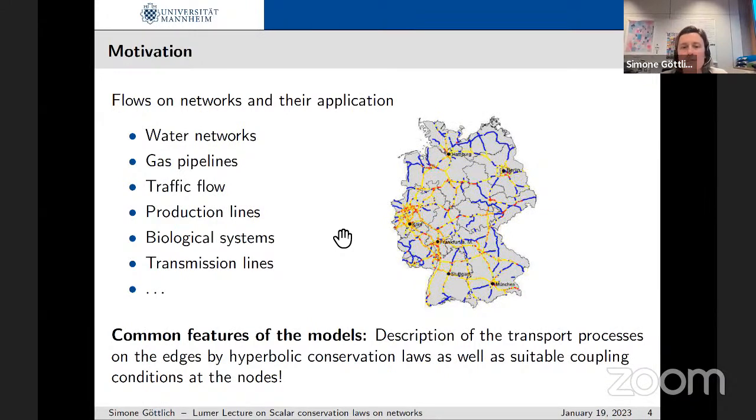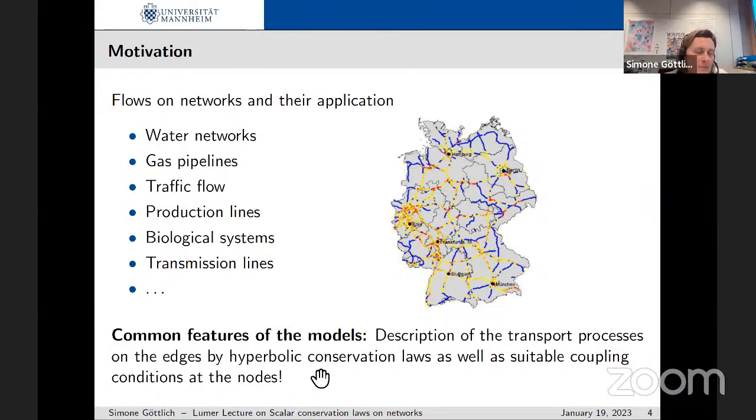The common features of all these kinds of applications are the following. They describe transport processes. Transport in the case that water flows through a channel, gas is transported, cars are driving, goods are produced, and so on. Therefore, we assume that we can characterize, in the case of a network, the edges by this kind of transport process given by hyperbolic conservation laws.